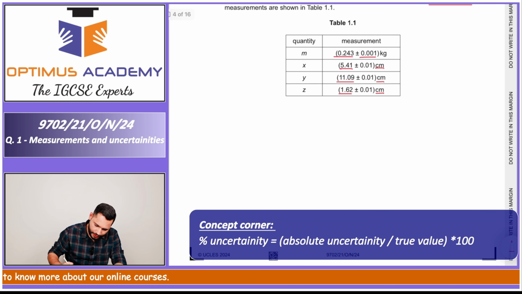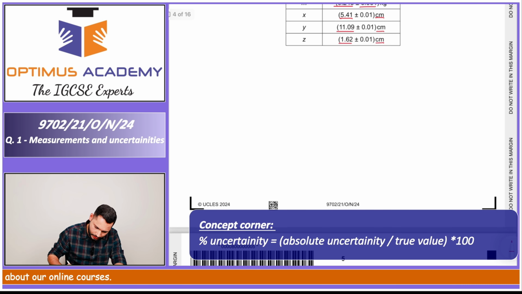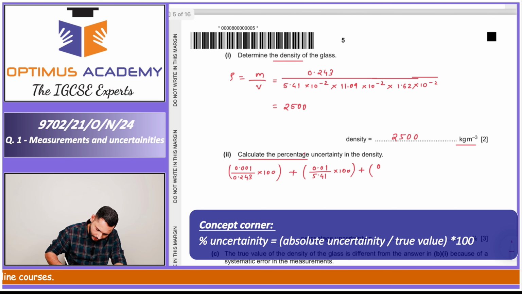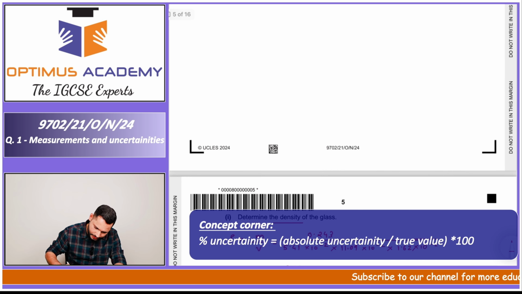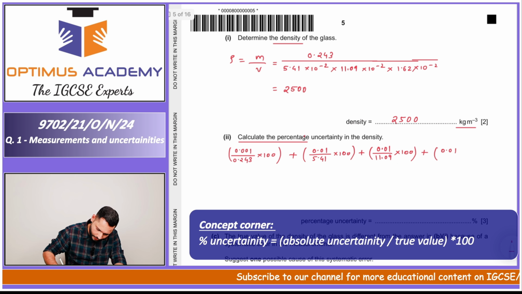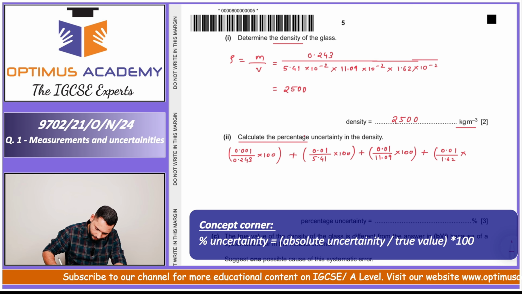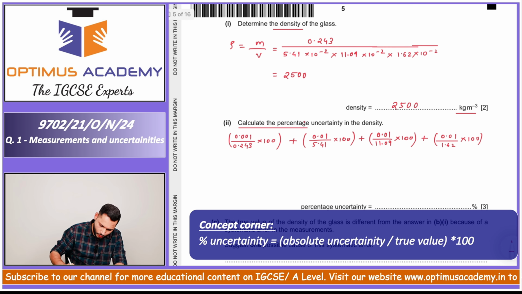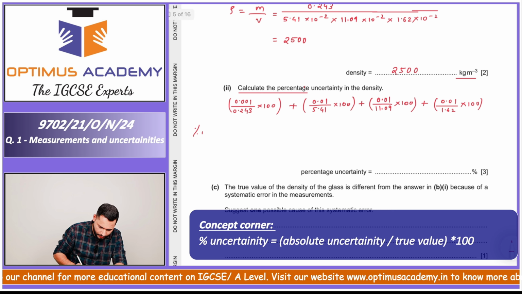plus for y, it is 0.01 upon 11.09 into 100, and for z, again it is 0.01 upon 1.62 into 100. So which formula are we using here?